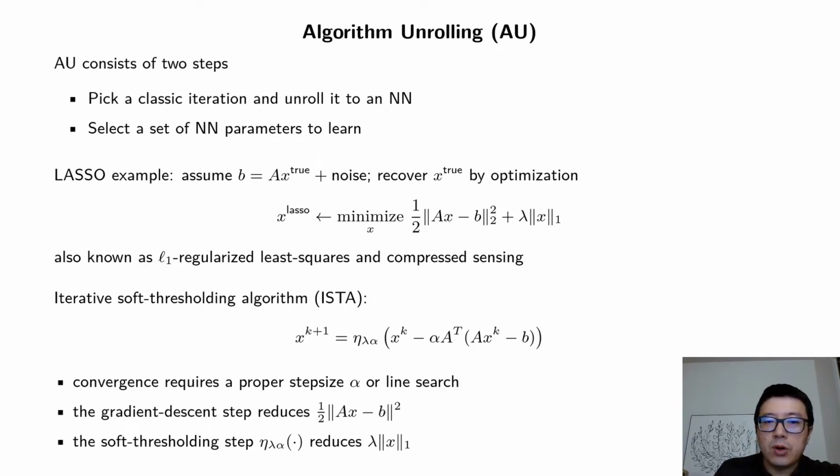This is also called the soft thresholding nonlinear operator. The threshold depends on lambda and alpha. With a properly small step size alpha, or you can use line search to determine alpha for each iteration, this iteration will converge to a solution to this problem. Roughly speaking, the inner step reduces the least squares and the outer step reduces the L1 norm.